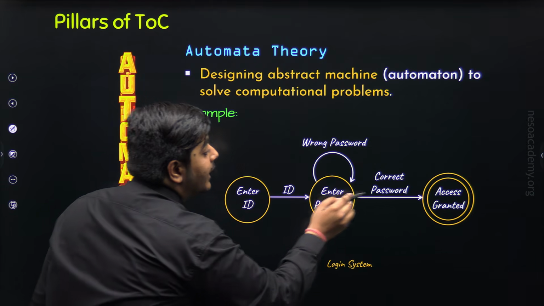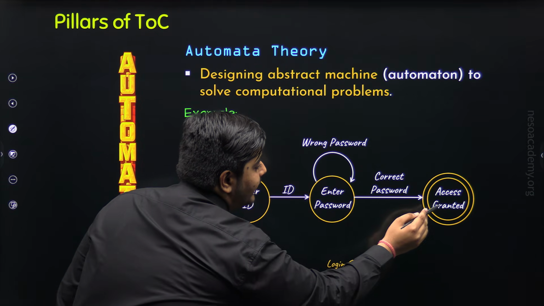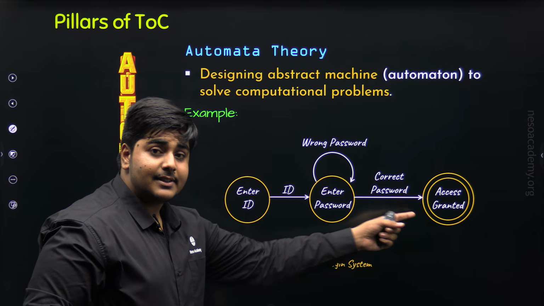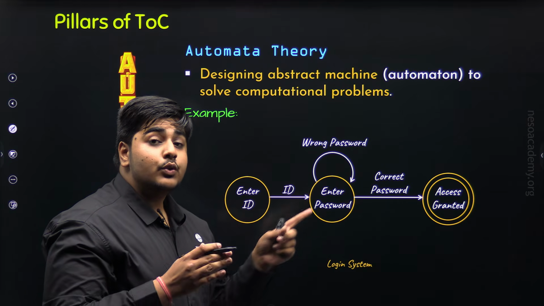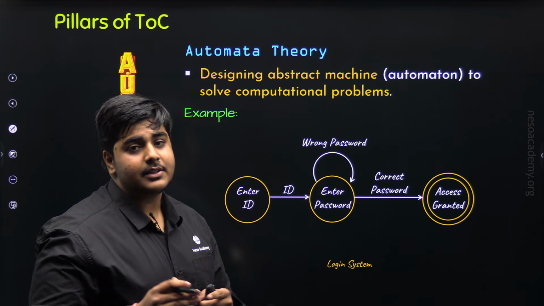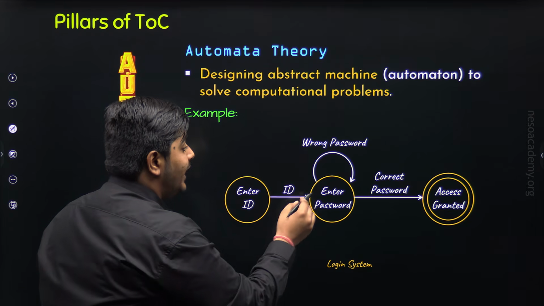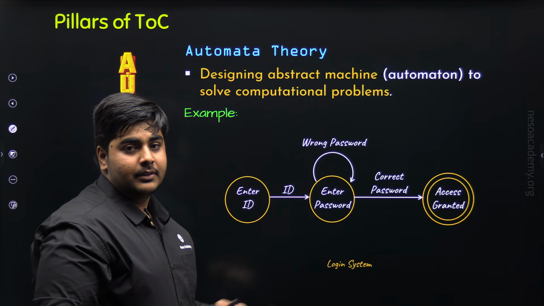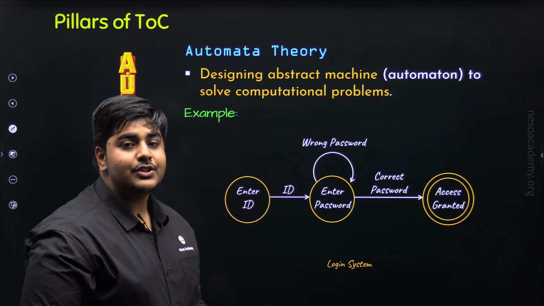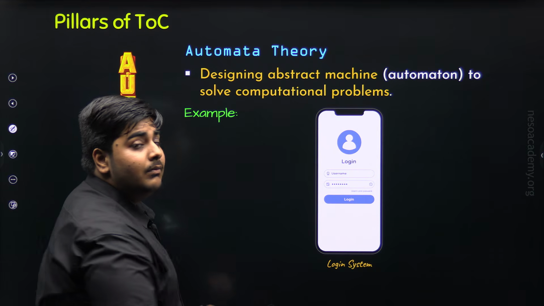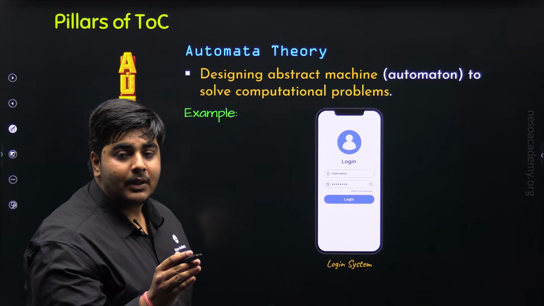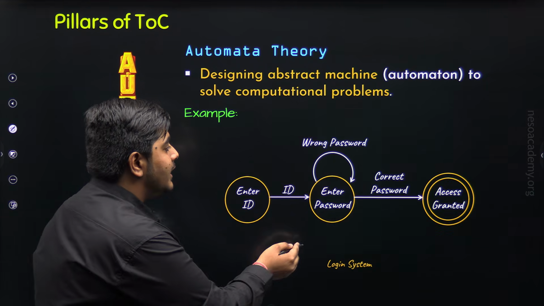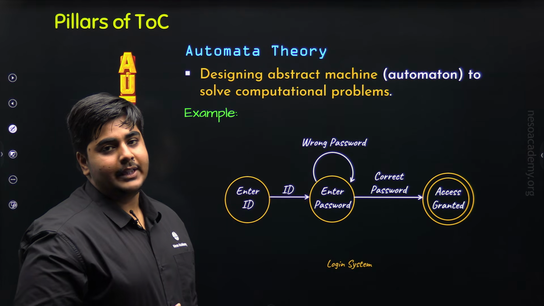If the user enters the correct password, he will reach the final state, that is, access granted. There, the user will have access to his Instagram account. And when the user enters the wrong password, he will remain at the same state. In this way, we have understood how a login system, that is a computational problem, can be represented using this abstract machine or an automaton.